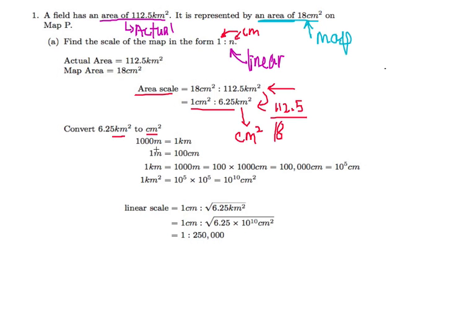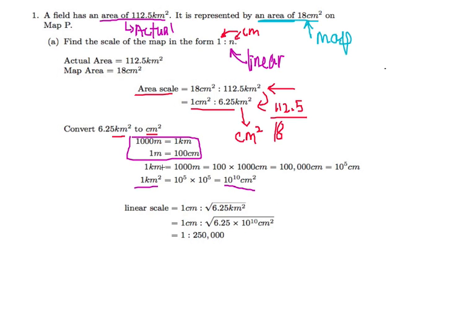So how do you do it? First, usually I don't memorize this part at all. I don't memorize that 1 kilometer square is equal to 10 to the power of 10 cm square. I just work it out on the spot. I just recall that 1000 meter equals 1 kilometer, and 1 meter equals 100 centimeter. This is what I usually recall first.